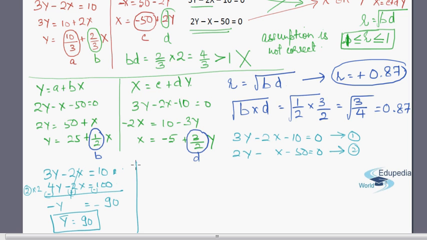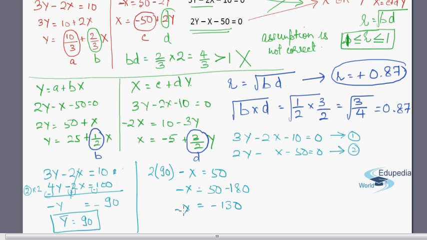Putting that in any of these equations, let me put it here, you'll have 2 times the average value of y, 90, minus x equals 50, right? So 90 into 2 is 180. When it goes to the other side, it becomes negative, so we'll have minus x equals 50 minus 180, which will give us minus 130.